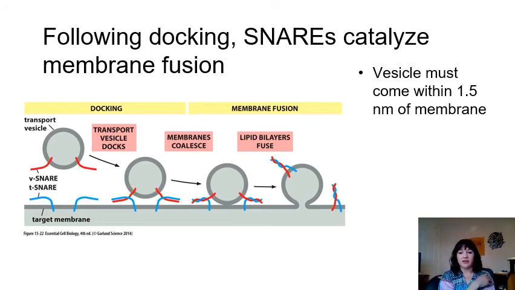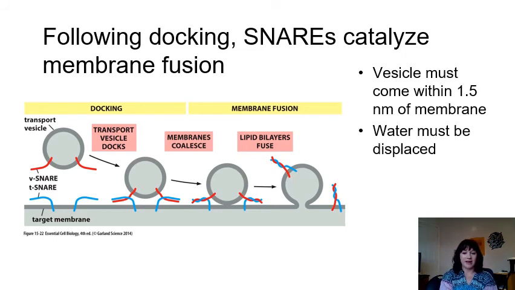This vesicle has to come within 1.5 nanometers of the membrane, and that really forces the water out of that gap and allows the phospholipid bilayer of the vesicle and that of the target membrane to fuse with each other and intermix. Again, this is catalyzed by the snares, the V and the T snares.